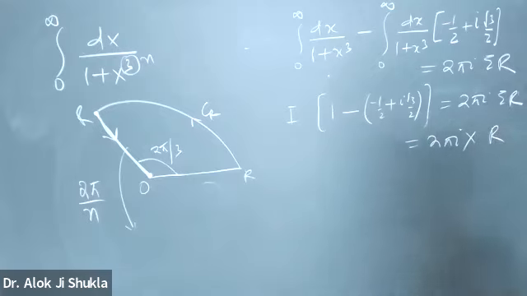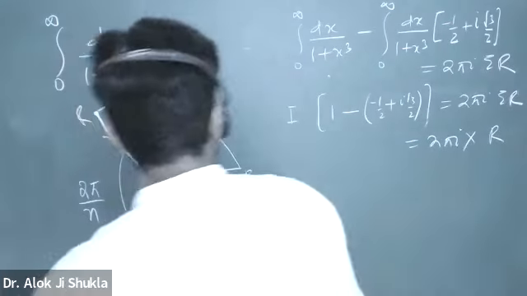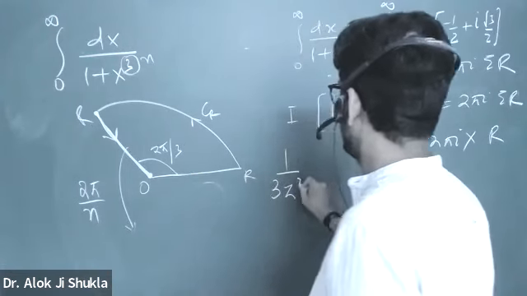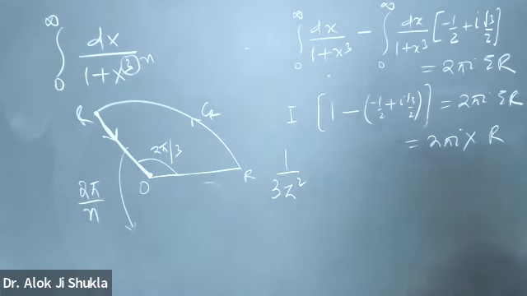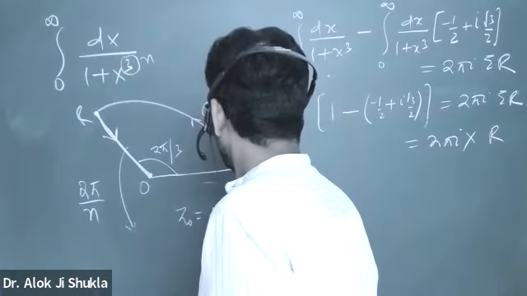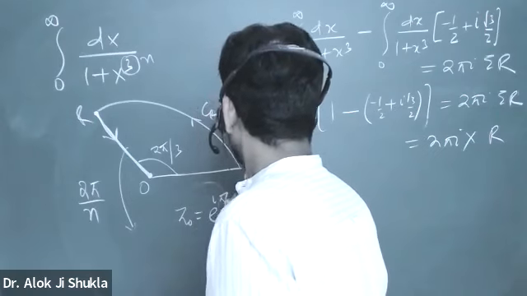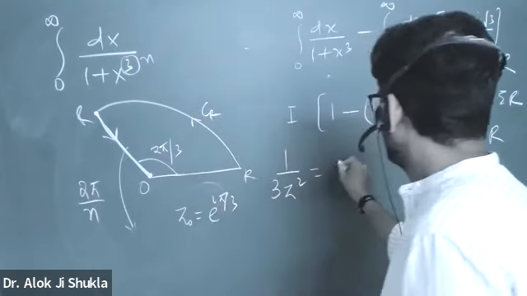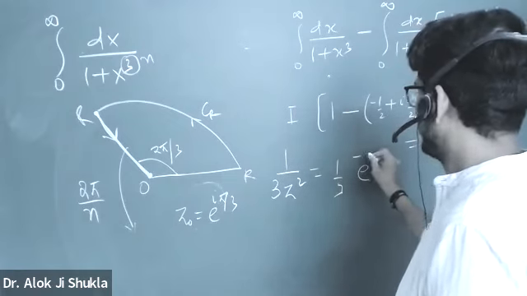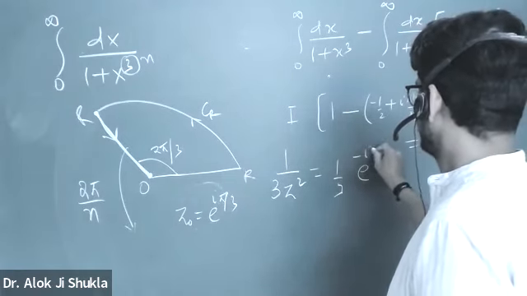If you want, what was the pole? So it was 1 upon 3 z square, right? यही तो था, Sir. और z naught क्या था? e to the power I pi by 3. So it will become 1 by 3 e to the power minus I 2 pi by 3.